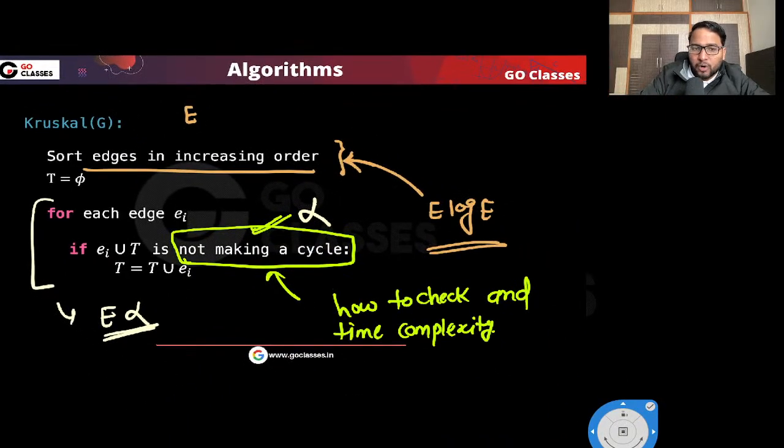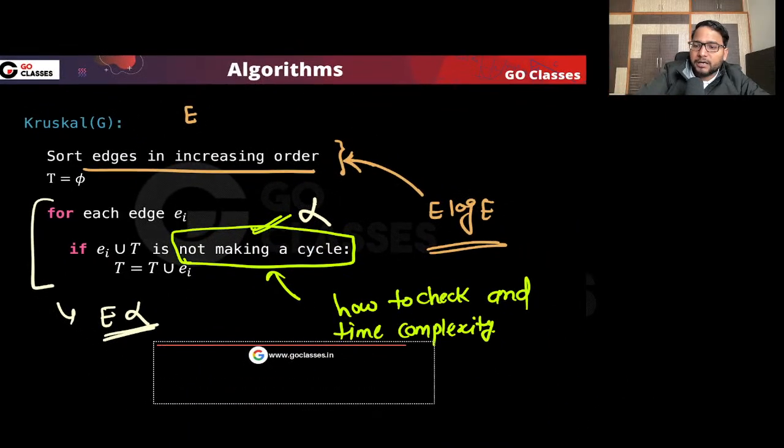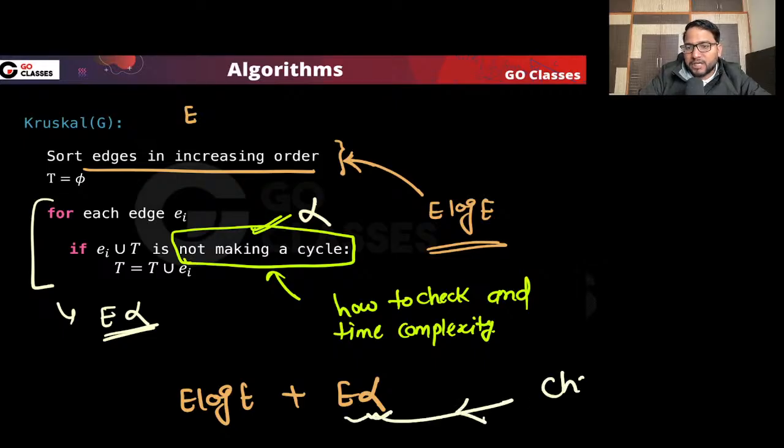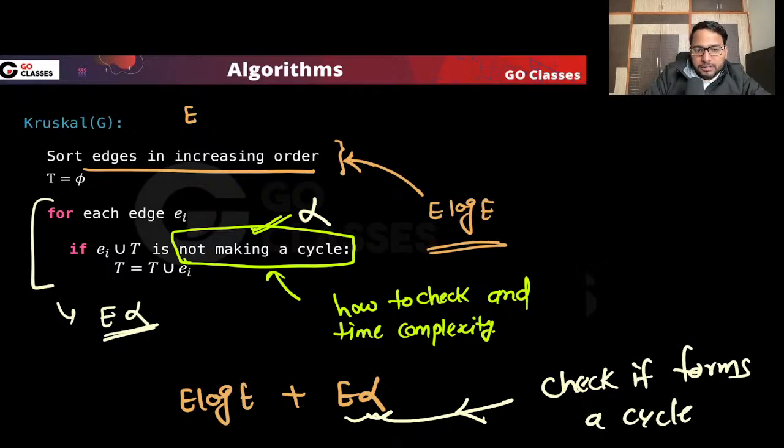E log E to sort, and E alpha to check for a cycle, alpha time, E times. So checking for a cycle again and again, that is E alpha, and E log E is to sort all edges. Let me know, is this fine?